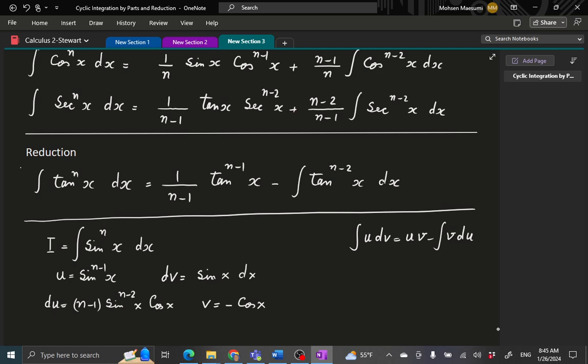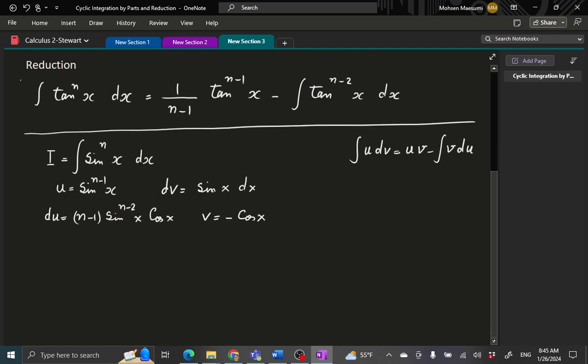So we start with these, and then the integral I want to calculate is going to be u times v. So u times v, I write minus cosine of x first, sine to the n minus 1 of x, minus the integral of v du.